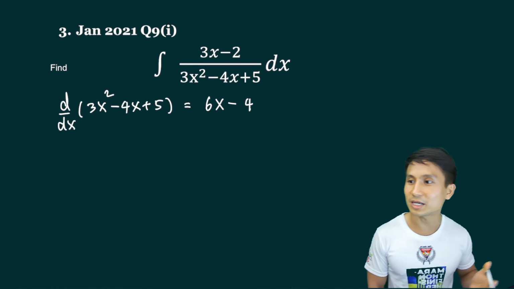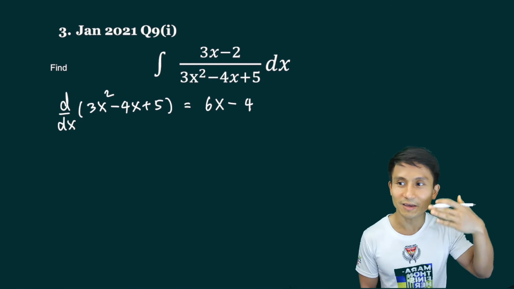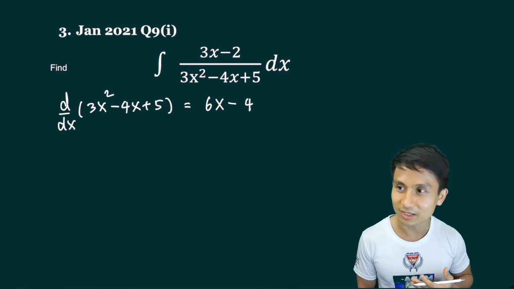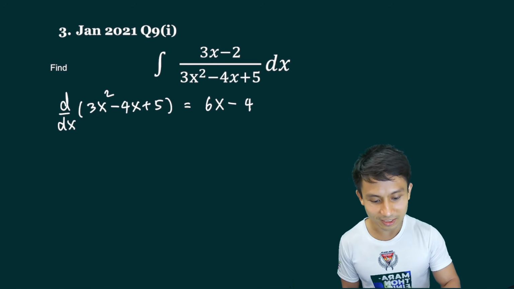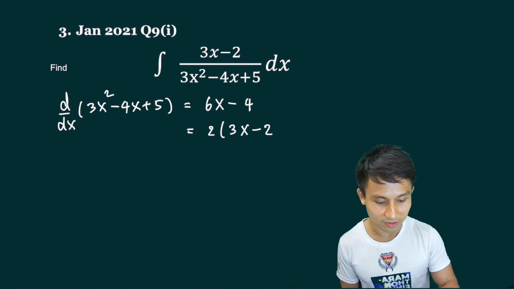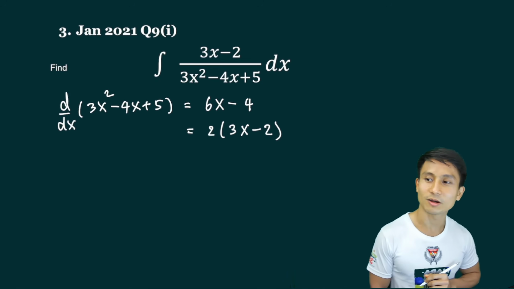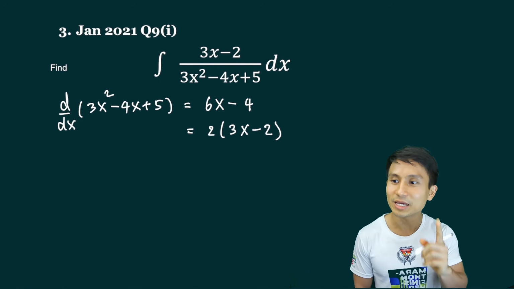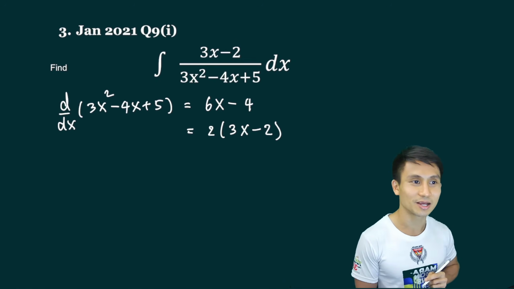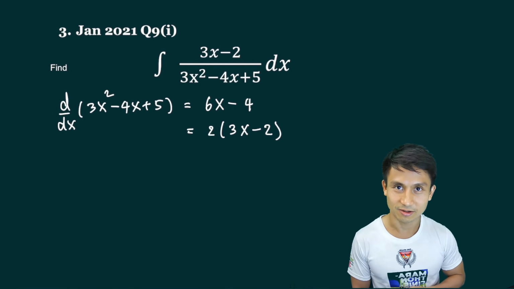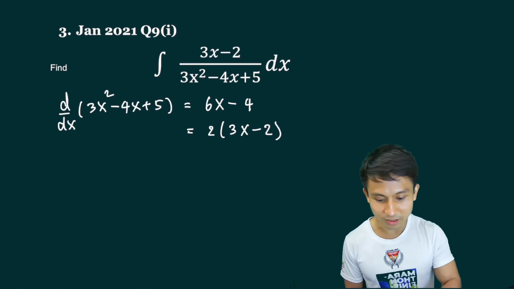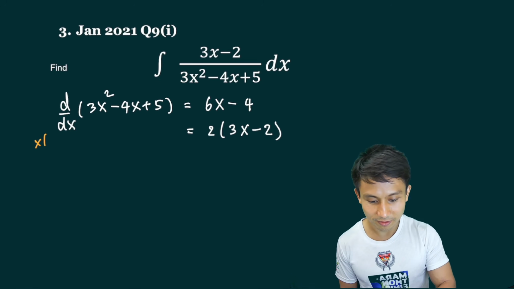Well, as you can see, it is not exactly the top, but if you see more carefully, it is kind of a multiple of the top, because this is just 2 factorized out times 3x minus 2, isn't it? Right? That means to make it exactly like the top, I need to multiply by a half. Don't I? So I'm just going to multiply by a half like that.